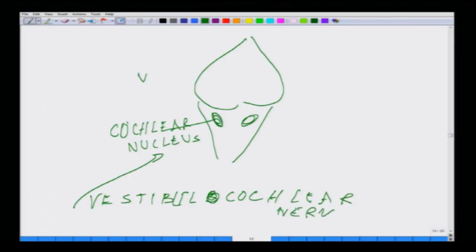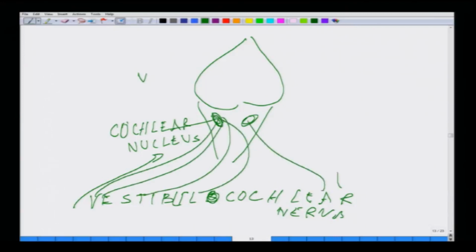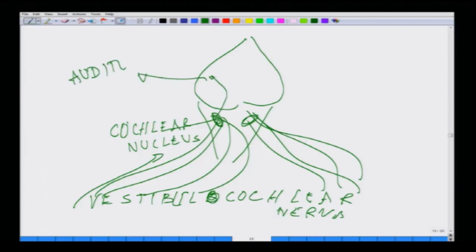Depending on whether it is coming from a high frequency sound or a low frequency sound, there are specific high frequency and low frequency coding nerves which are coming from both the ears and being sent to the auditory cortex. From here it reaches the auditory cortex in the brain, where the further processing takes place.